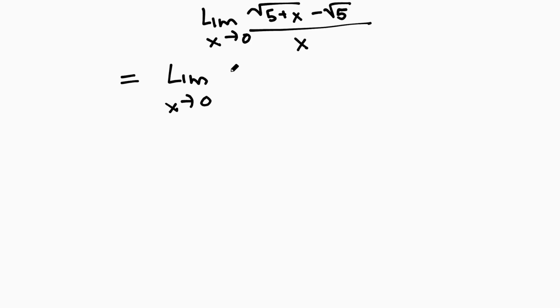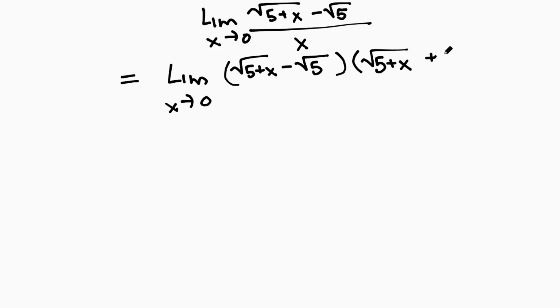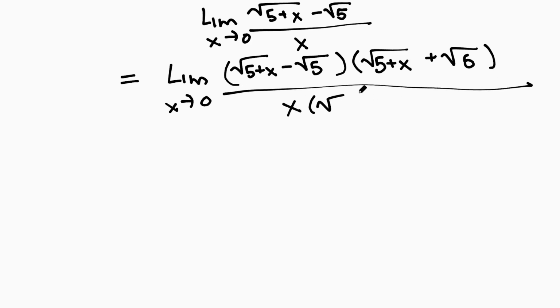So it's going to be square root of 5 plus x minus square root of 5 times its conjugate, which is square root of 5 plus x plus square root of 5, over x times the same thing.